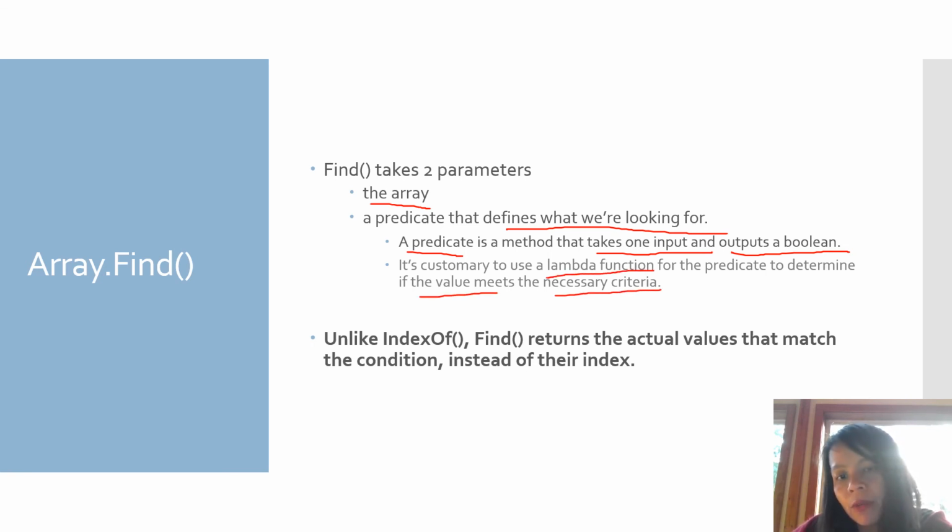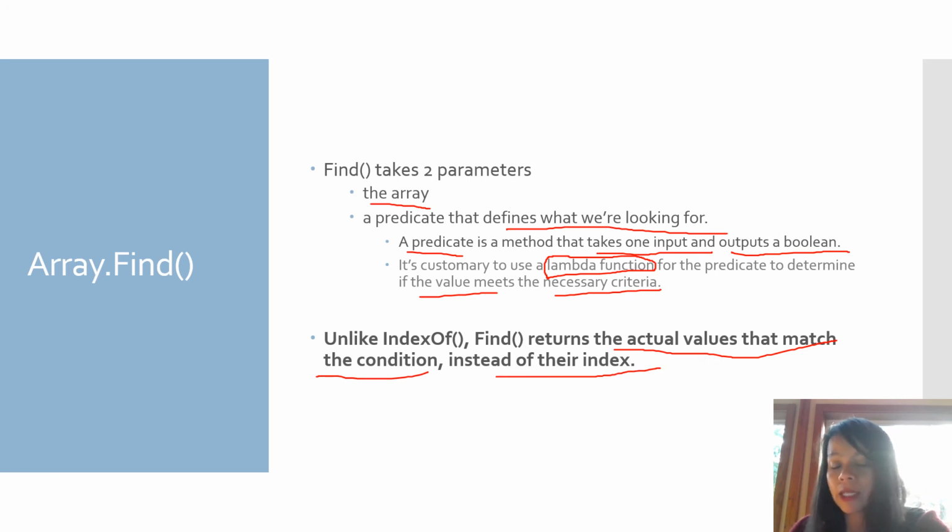Don't worry, we'll study how that is written in future lessons. Find is a bit similar to IndexOf, but it's not the same thing. Unlike IndexOf, Find returns the actual values that match the condition instead of their index.